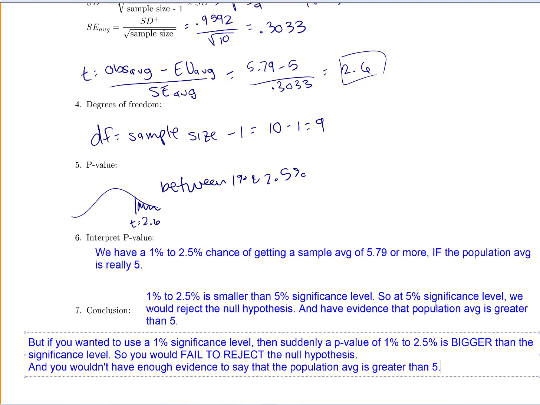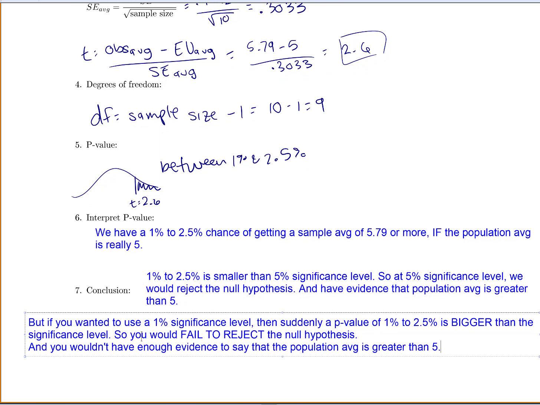So again, different people pick different significance levels based on the situation. If you'd picked 5%, you'd say, I only wanted a 5% significance level, so a p-value of 1 to 2.5% is smaller. I feel fairly confident in saying the average is greater than 5. But if another person said, I want to be really, really sure, and I'm going to use a 1% significance level, then their p-value is too big, and they would fail to reject it and say they don't have enough evidence to feel comfortable saying that the population average is greater than 5.